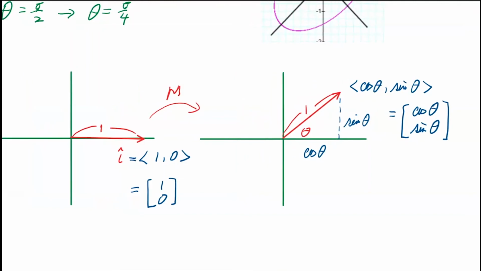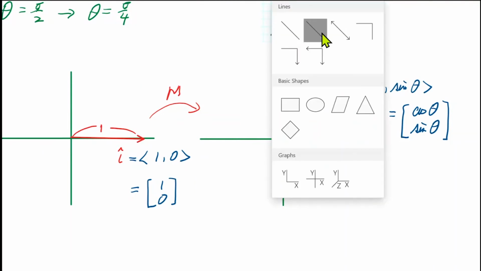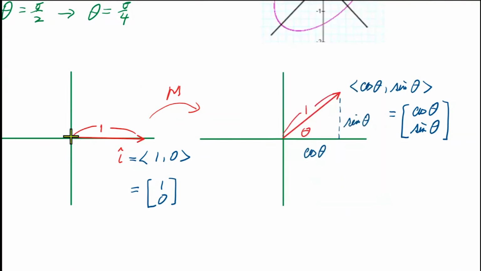Okay, now let's do the same thing with the J vector. So the J vector, last time we checked, let's see, that didn't work. Hold on, I'm going to move it. That's the J vector, correct? Which is, of course, 0, 1, also written as a column vector like this, right?